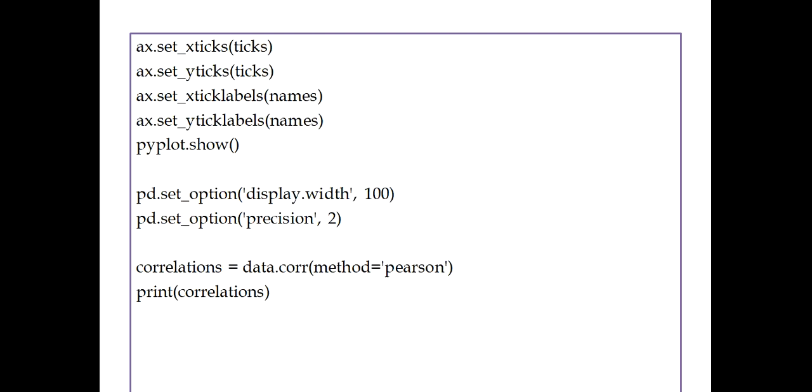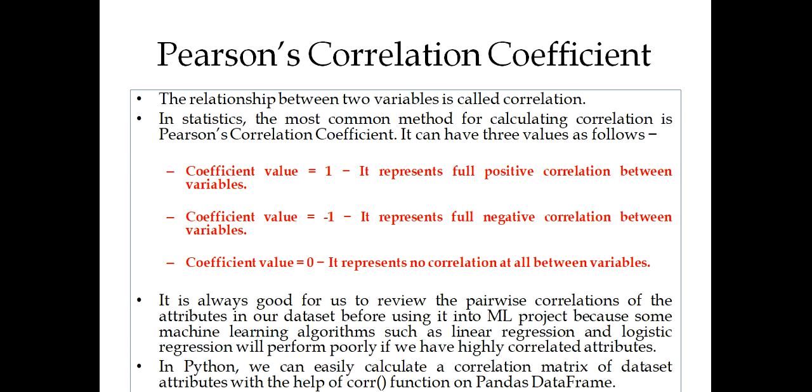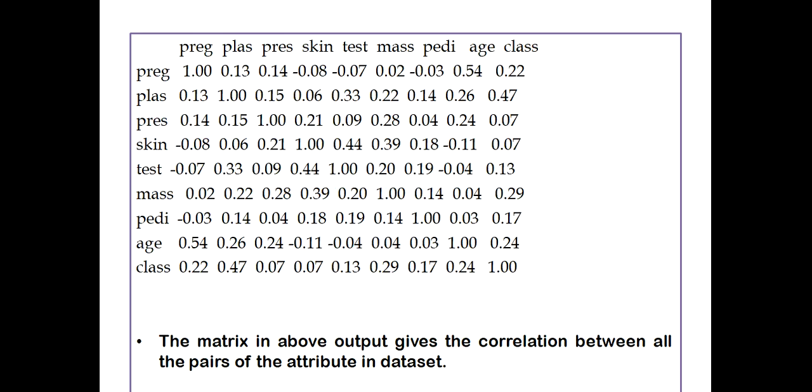You see that the coefficient value 1 represents full positive correlation, and if it is -1, it represents full negative correlation. I said full negative correlation, okay? And if it is 0, it represents no correlation at all between variables. So accordingly, you can analyze what their relations or correlations are.